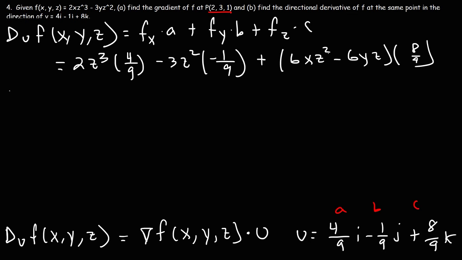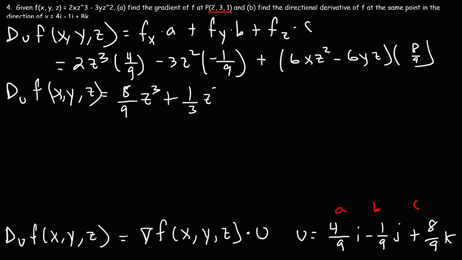So thus, we can write the directional derivative of f is equal to, so this is going to be 8 over 9 z to the third power, and then plus 1 over 3 z squared, plus 6 times 8 is 48 over 9. That can be reduced to 16 over 3.